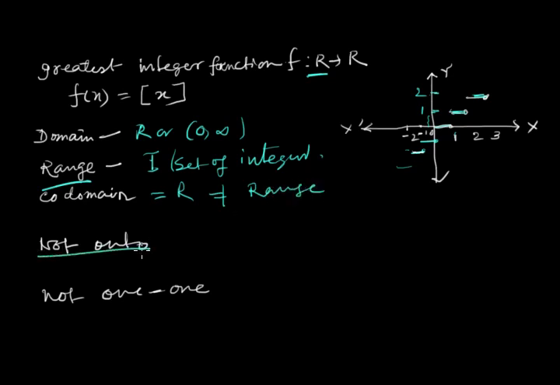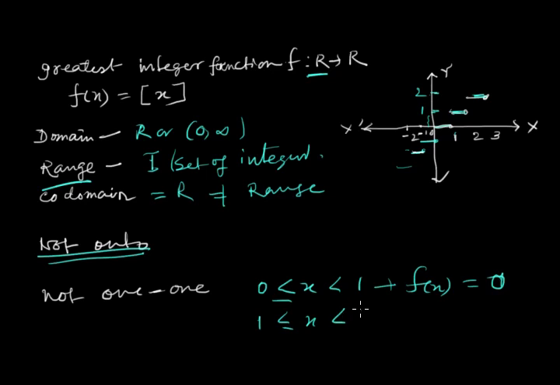So the function is not onto. And it is not one-one also, because for all values of x between 0 and 1, f(x) is equal to 0. And for all values of x between 1 and 2, the value of f(x) is equal to 1. So clearly, images are not distinct for this.